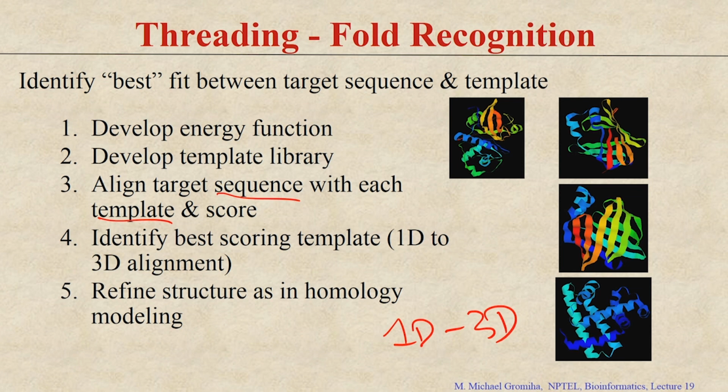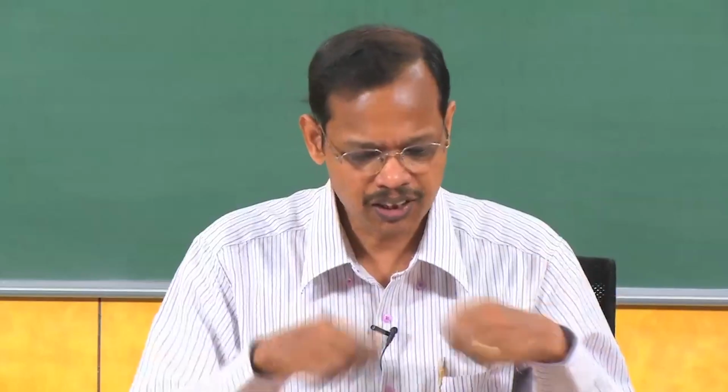The score depends on statistical potentials, how close the residues are to each other, what the environment is based on physical chemical properties, and what about the gaps. Based on that they develop the energy functions and compare them. This is the kind of 1D to 3D alignment. Once the fold is set, they can use homology modeling and energy minimization to refine the structure.